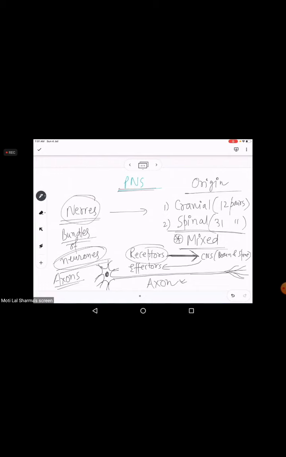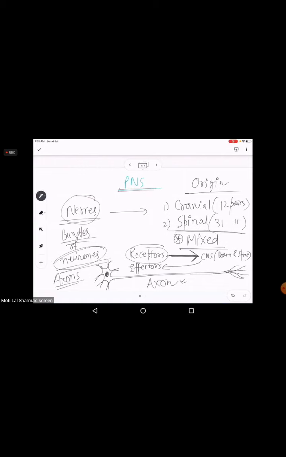Those receptors may be in your skin. In your skin, you have pain receptors, and those pain receptors are stimulated. Then they generate impulses, and those impulses are transmitted to your CNS. So the brain or spine are involved in processing that information. What to do? Somebody has hit you on your back and in your skin pain receptors are stimulated.